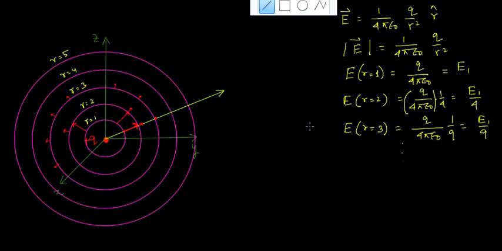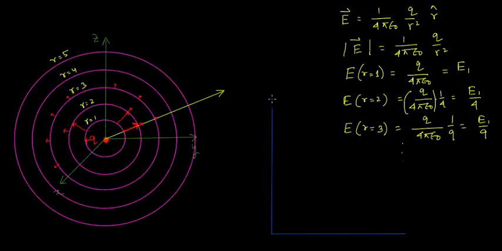So let's plot it. This is E and this is r.